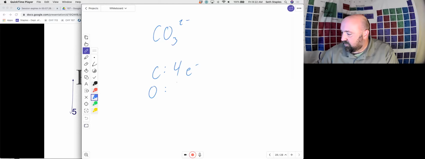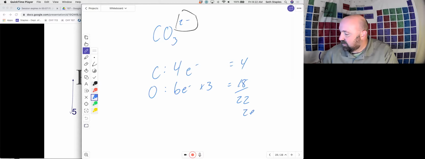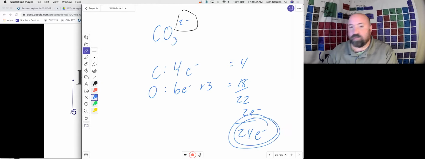Oxygen has its 6 valence electrons, but times 3, because we have 3 oxygens. And so we would have 4 plus 18, which is 22, but we're going to account for this 2 minus by adding an additional 2 electrons, and so we would have a total count of 24 for CO3 2 minus. So that's what that means here.